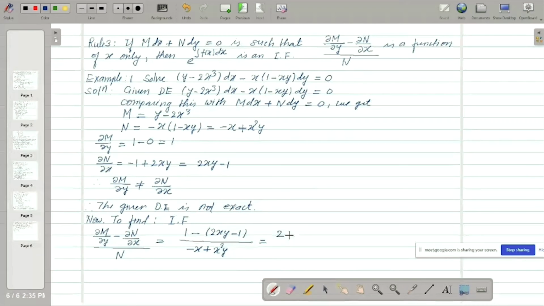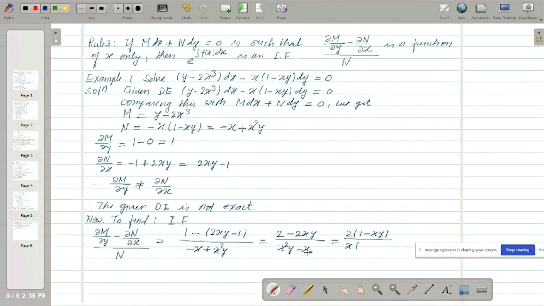This becomes 2, and minus 2xy, divided by this expression, that is x square y minus x. Okay, so taking 2 common from the numerator, that is 1 minus xy, and dividing by x.